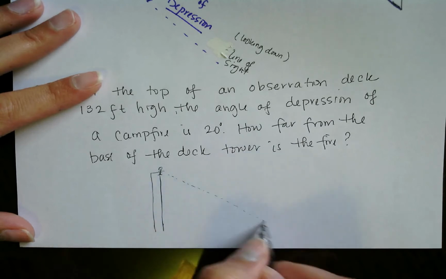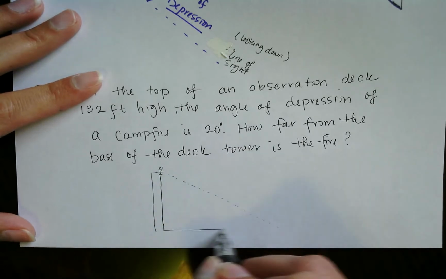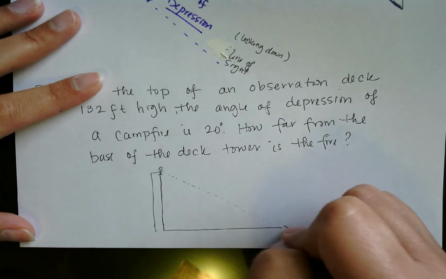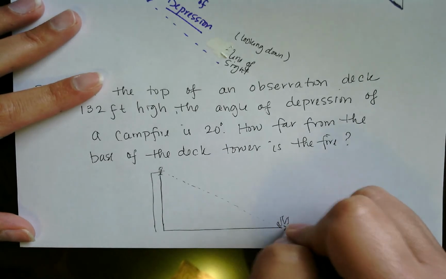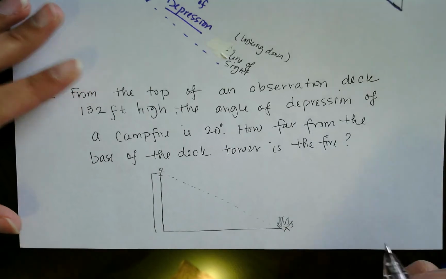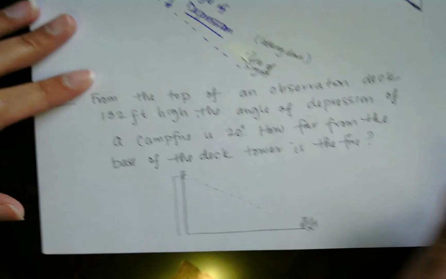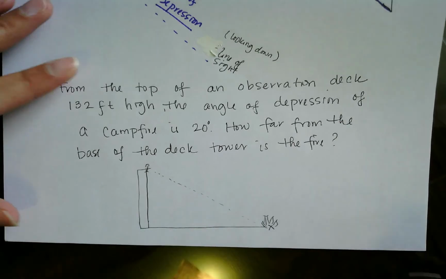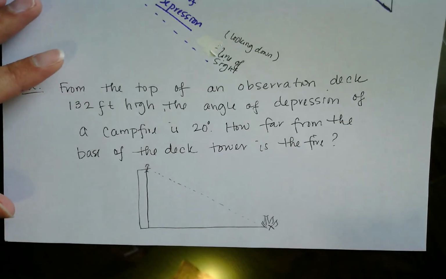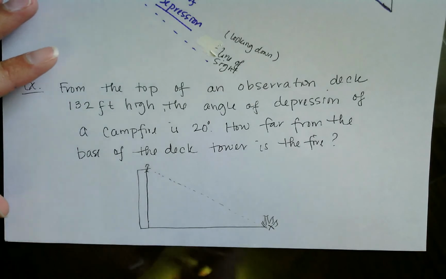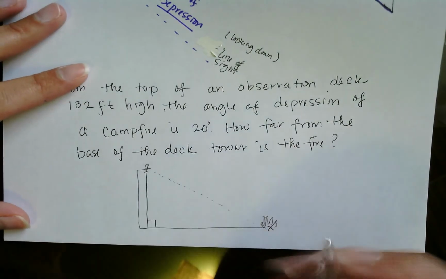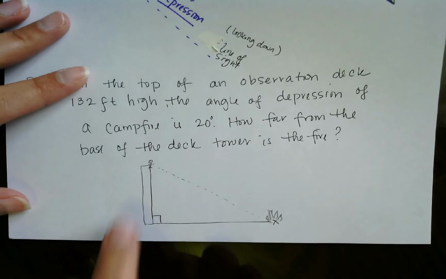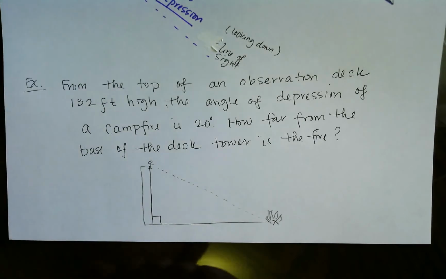The angle of depression is 20 degrees. Alright, so this is my right triangle. How do I know I have a right triangle, ladies and gentlemen? Because we're assuming that tower is vertical. It is perpendicular to the ground. So anytime you have a building, you could assume it's perpendicular. It's not leaning. That's how we have a right triangle.